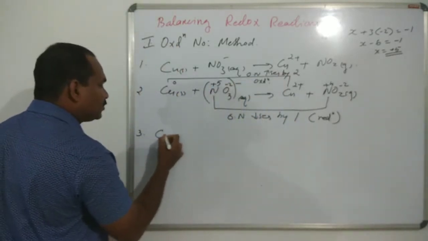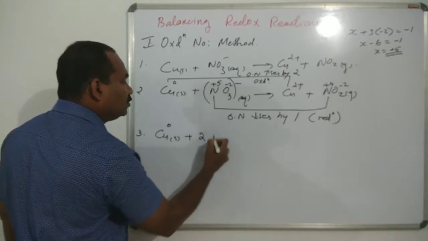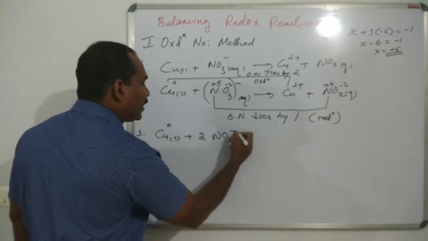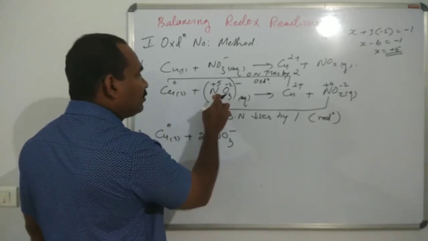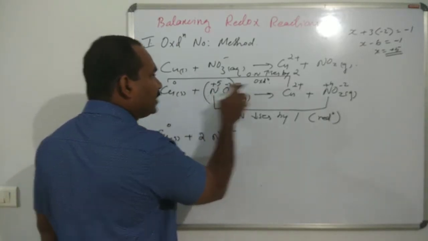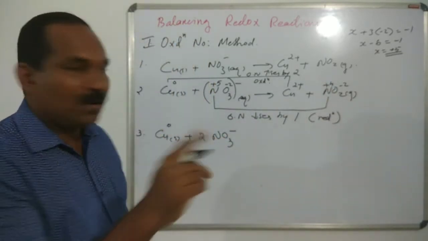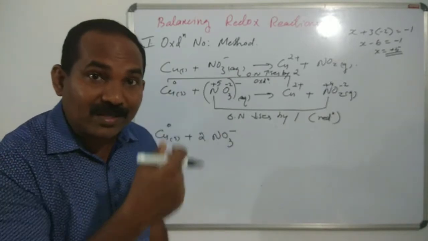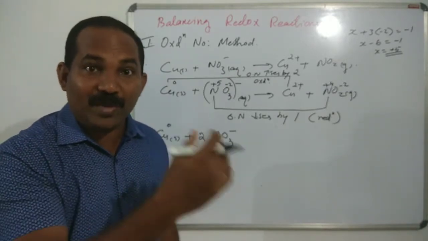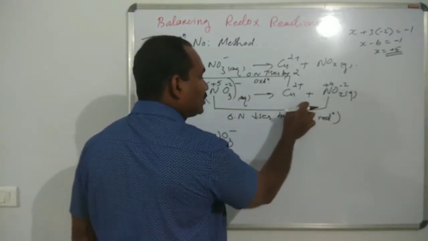So third step: Cu0 solid plus 2 NO3 minus. Because the oxidation number change of nitrogen is +5 to +4, decrease in the oxidation number is 1. But increase in the oxidation number is 2. To make equal changes, you multiply with 2 for this reaction.